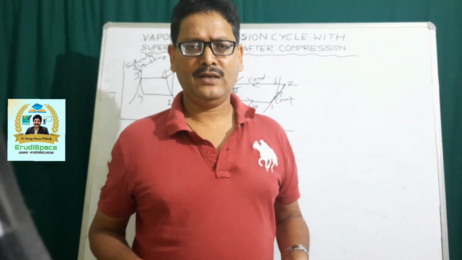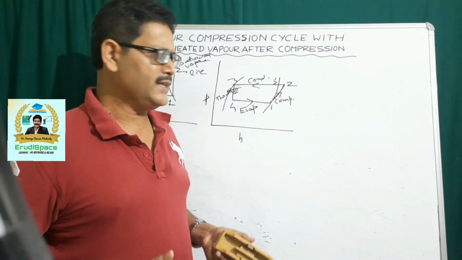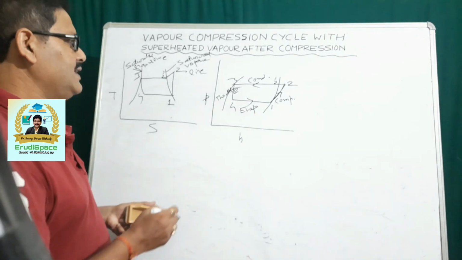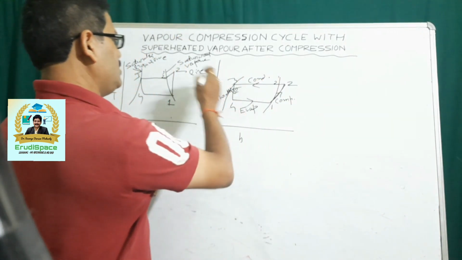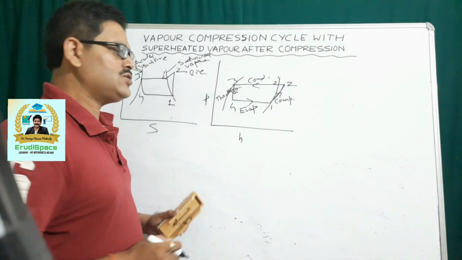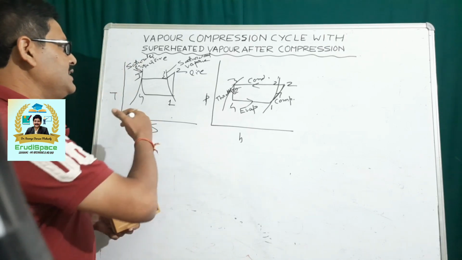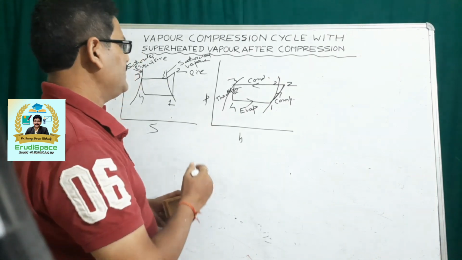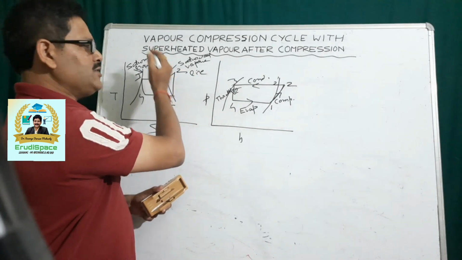After that, it is taken to the condenser. In the condenser, it is condensed, it delivers heat to the surrounding condensing medium, and here the condensation actually takes place in two stages, that is from 2 to 2 dash and then from 2 dash to 3. 2 to 2 dash is a sensible heat transfer process. That means the sensible heat is removed. As a result, the refrigerant gets converted from superheated state to the saturated state.